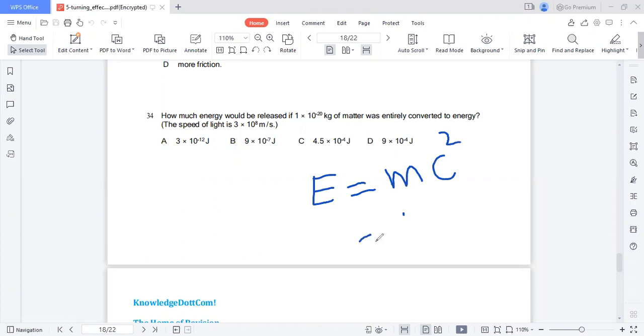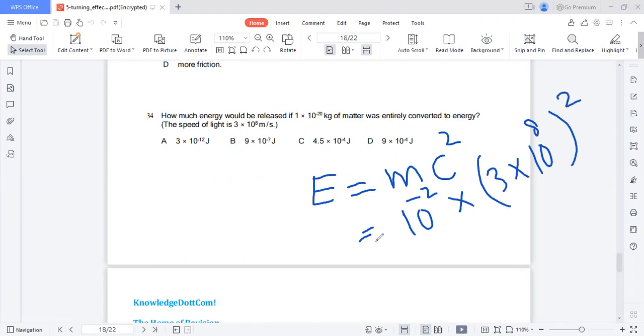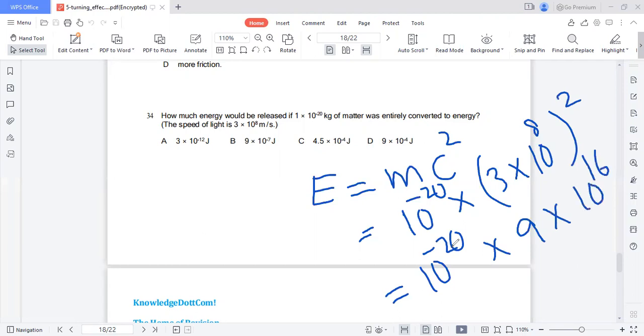Mass is 10 to the power minus 20 and the speed of light is 3 into 10 to the power 8, all squared. So 10 to the power minus 20, and 3 squared is 9, and 10 to the power 8 squared is 10 to the power 16.